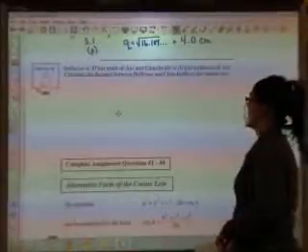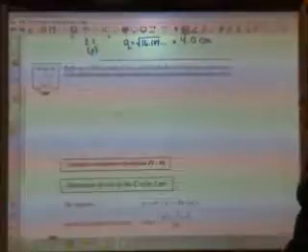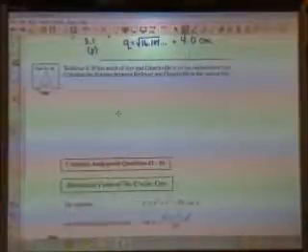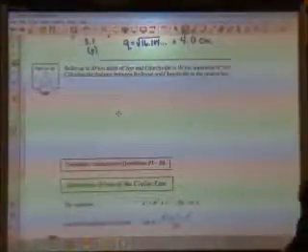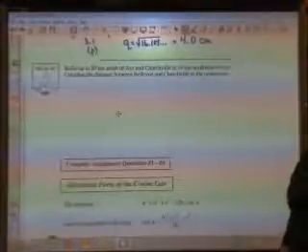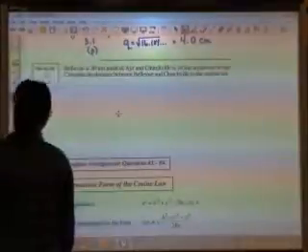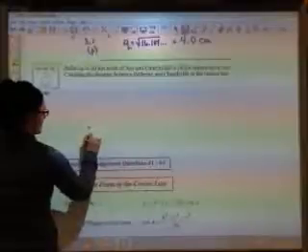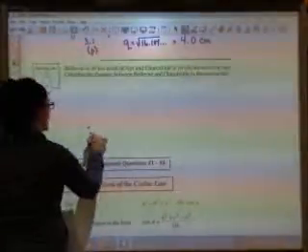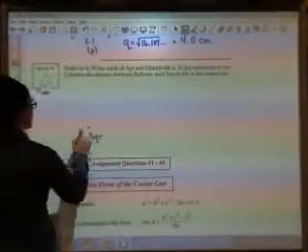Class example number 4. Bellevue is 30 kilometers north of Ayr, and Churchville is 18 kilometers northwest of Ayr. Calculate the distance between Bellevue and Churchville to the nearest kilometer. So let's start off with Ayr, because Bellevue and Churchville are both given in terms of Ayr. So Bellevue's 30 kilometers north.